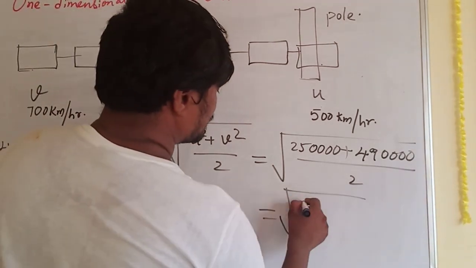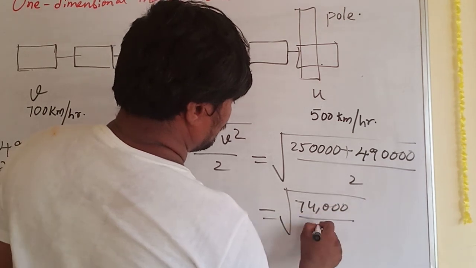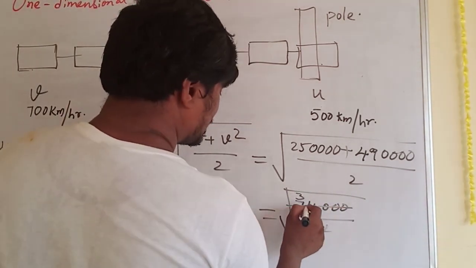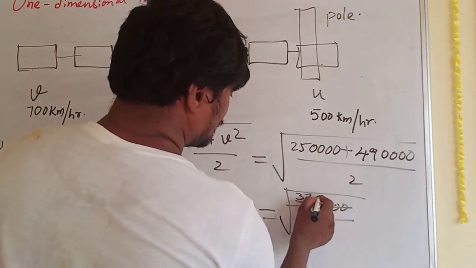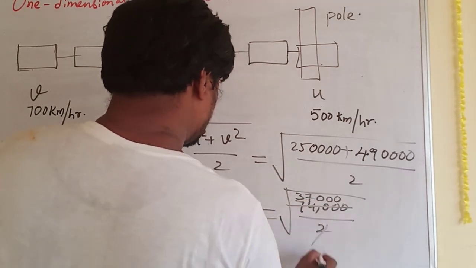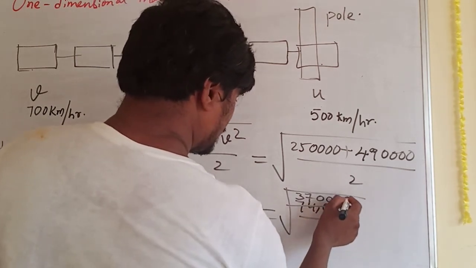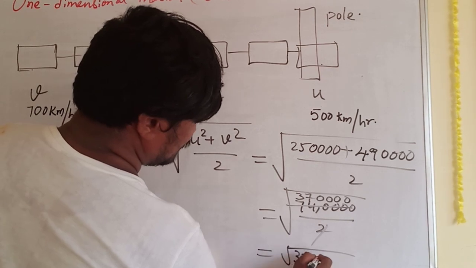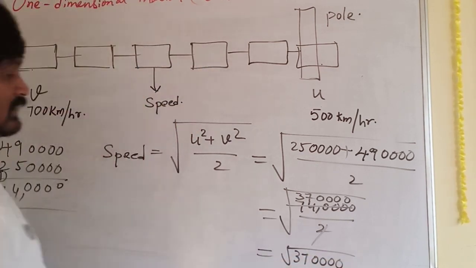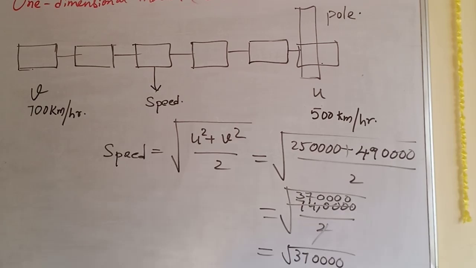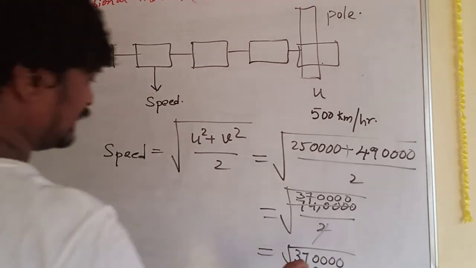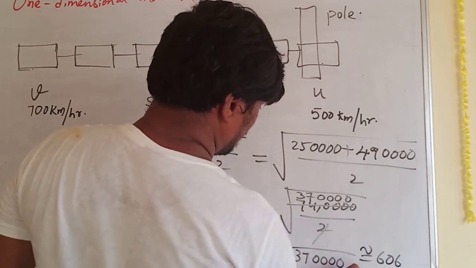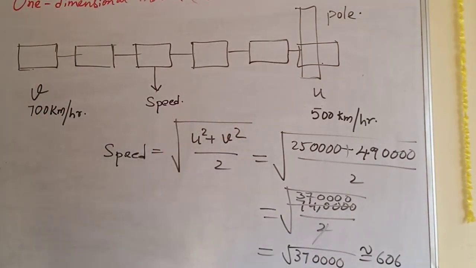Write square root of 74,000 upon 2. Then cancellation: 2 3s are 6, 2 7s are 14, and one more 0, right? So you get square root of 37,000. That is your answer, which is approximately 606, I'm saying approximately, okay. So you calculate and you can find your answer.